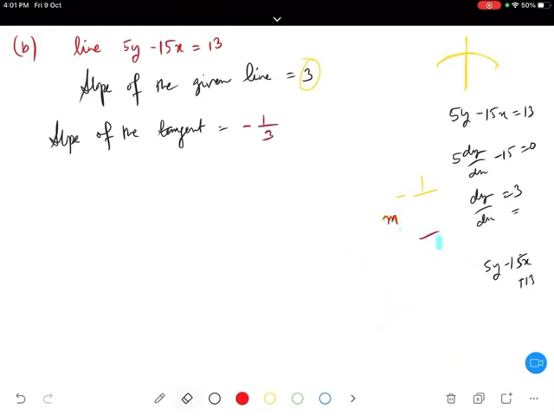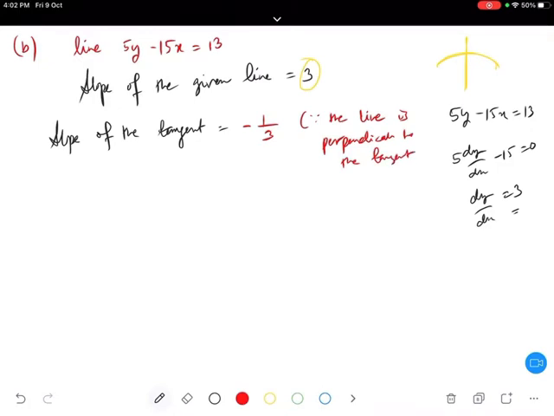So write down, since the line is perpendicular to the tangent, after finding the slope of the tangent, we know that dy/dx is equal to minus 1 by 3.